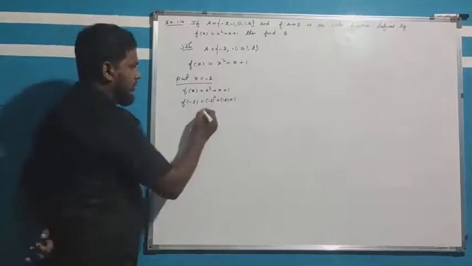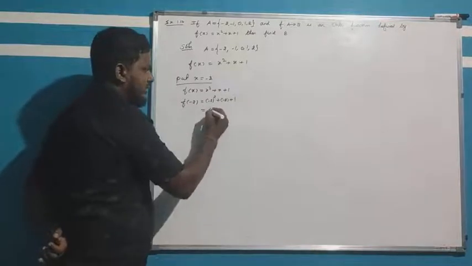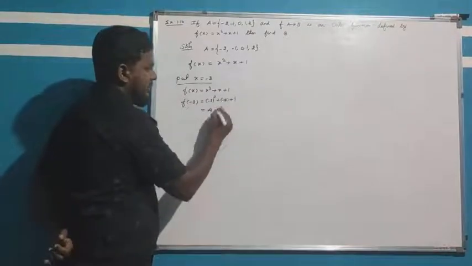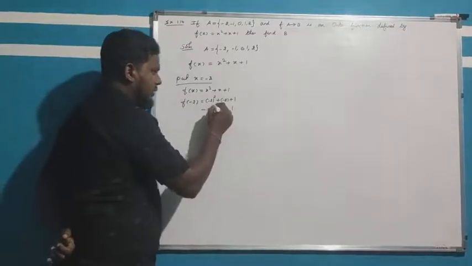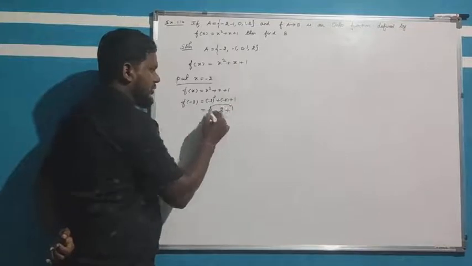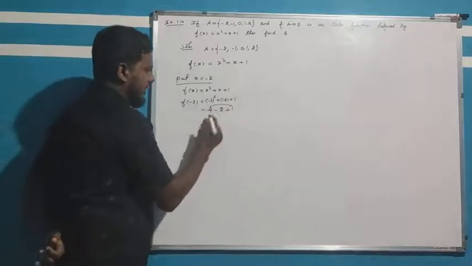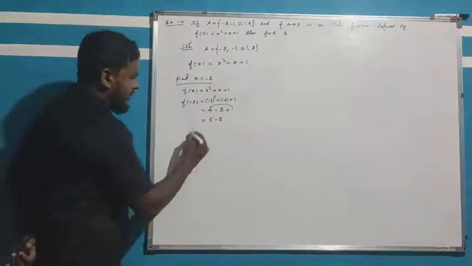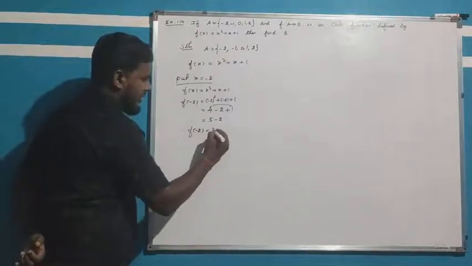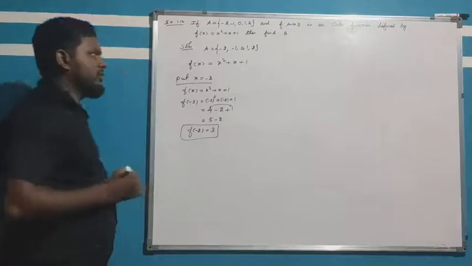Squaring, the minus will cancel. So 2 square is 4, plus (-2) plus 1. 4 plus 1 is 5, minus 2, so 5 minus 2 is 3. So f of -2 is 3.